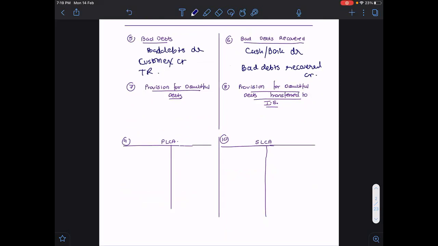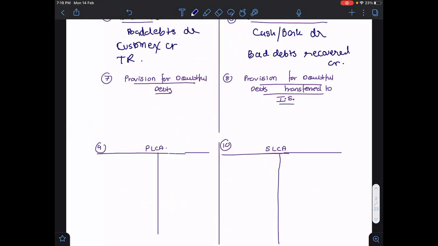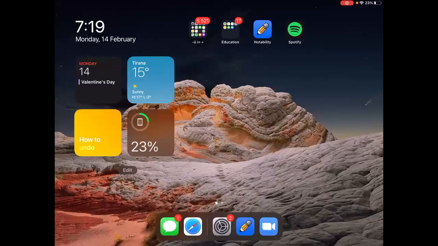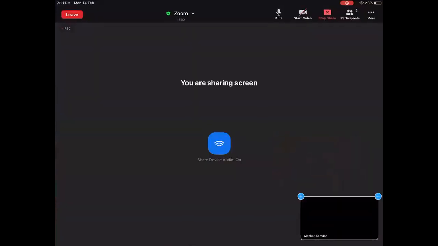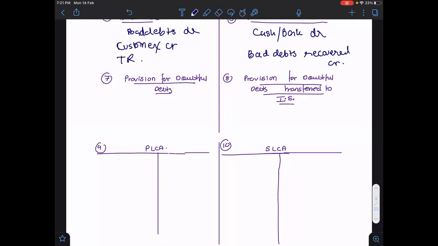Provision for doubtful debts. Provision for doubtful debts create करने की entry. First entry to create the provision: income statement debit and provision for doubtful debts credit.